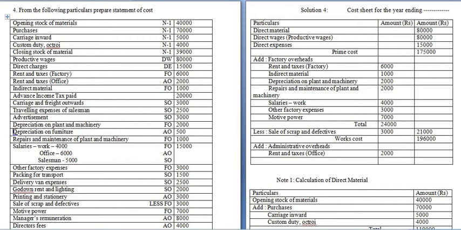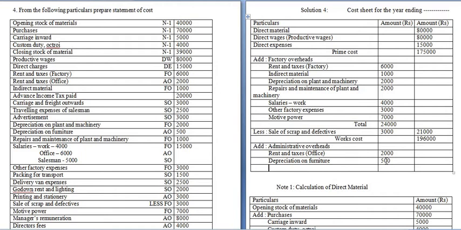Here they have given depreciation on furniture, that also has to be taken. Depreciation on furniture is 500, inner column. Okay, now here salary, office, inner column 6,000.